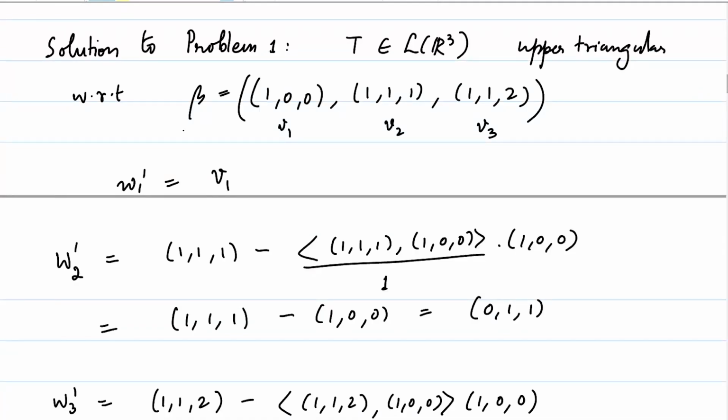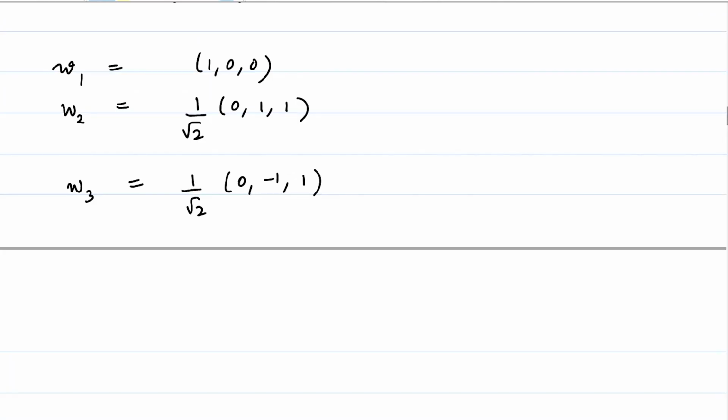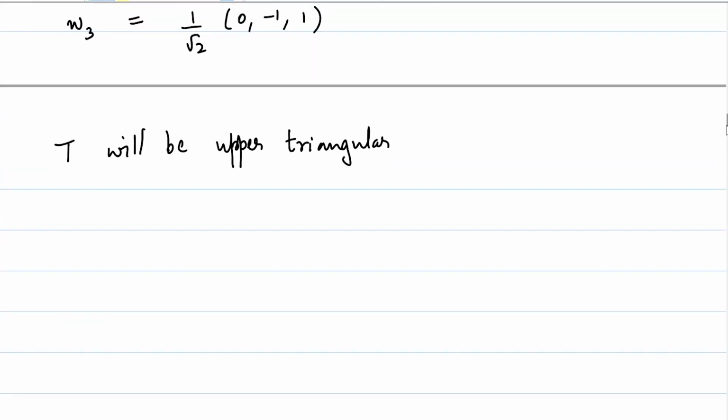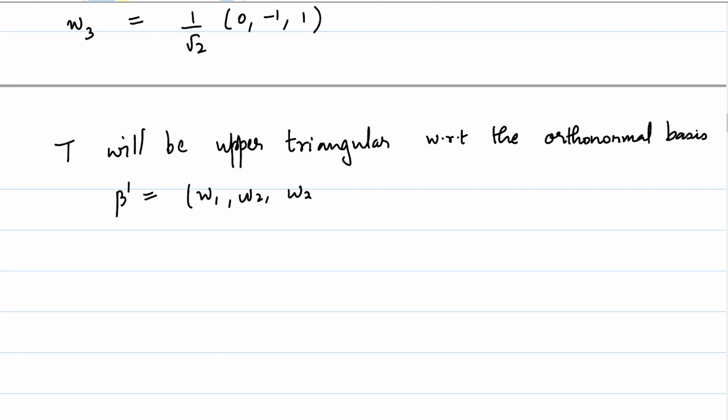And because T was upper triangular with respect to beta, T will be upper triangular with respect to beta prime, the orthonormal basis, which is given by W1, W2, and W3.